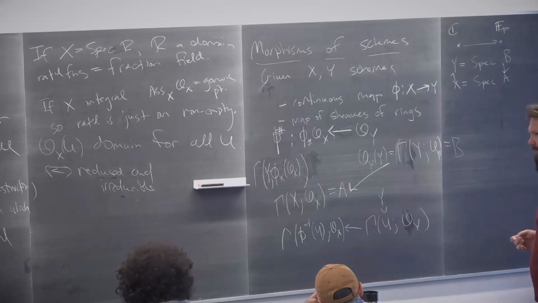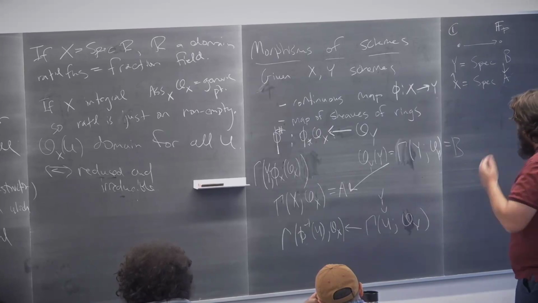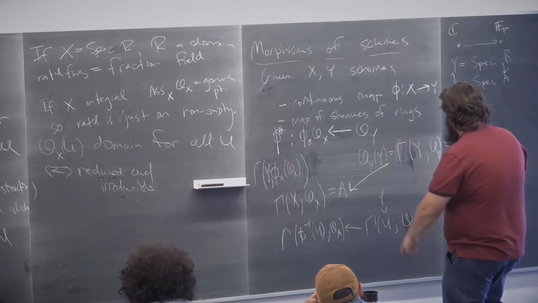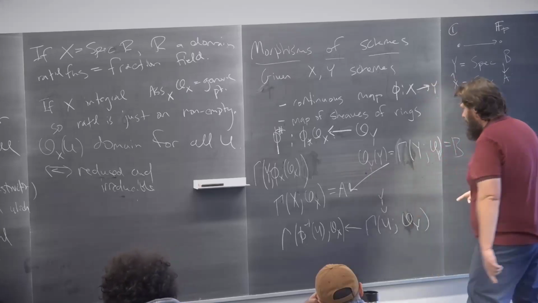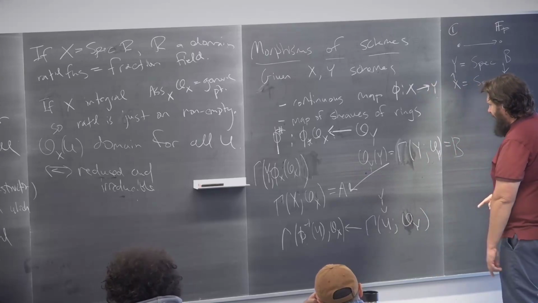You write the open set in front. Pretty sure I remember that, right? Yeah, these are two different notations for the same thing. So this is what I was saying last time.